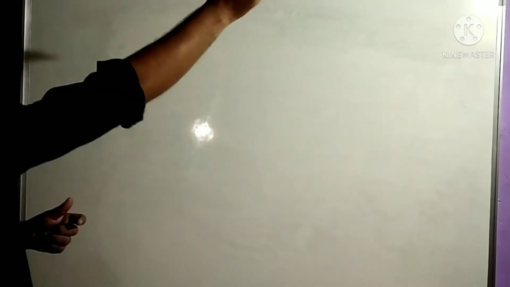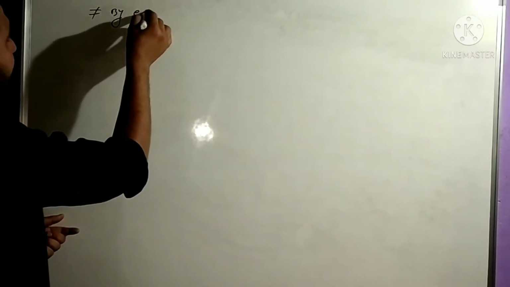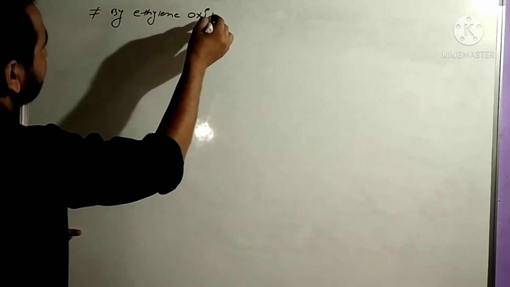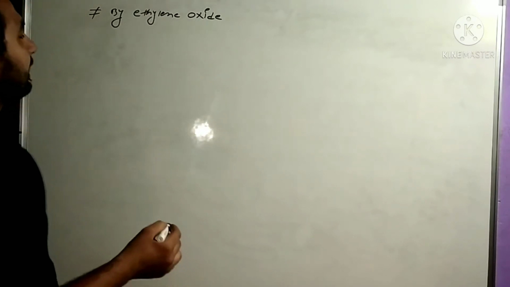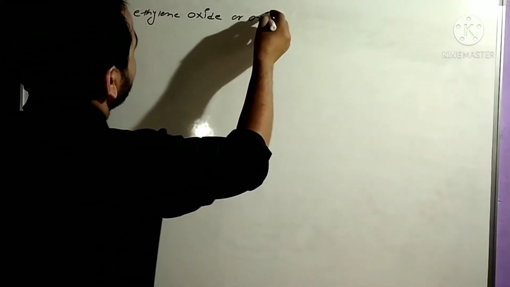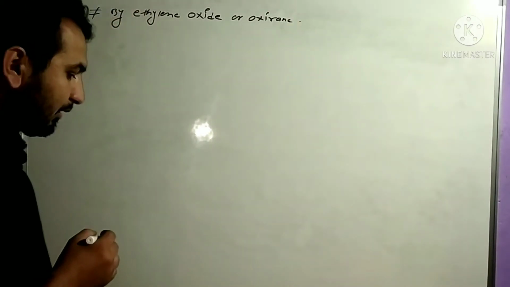You have now ethylene oxide. The next reaction is by ethylene oxide or oxirane. So what happens in this case is a simple thing.